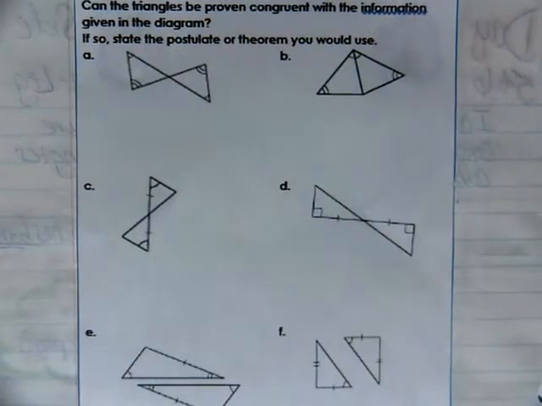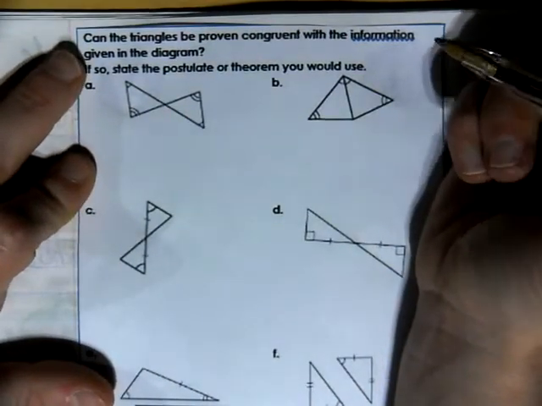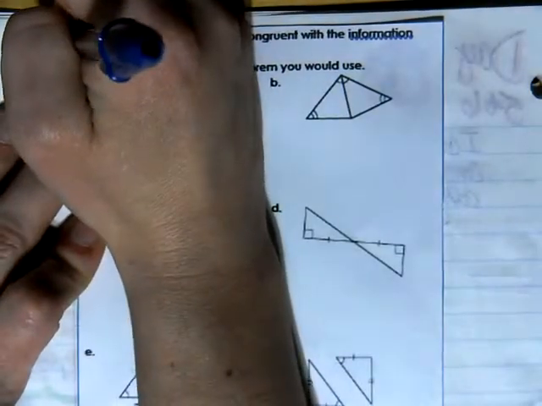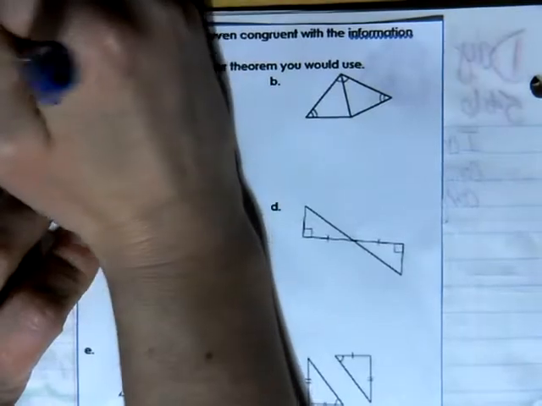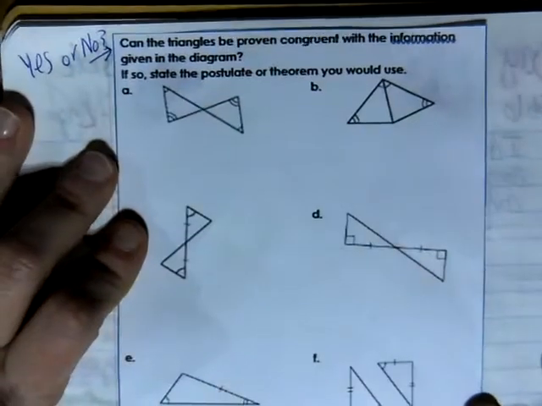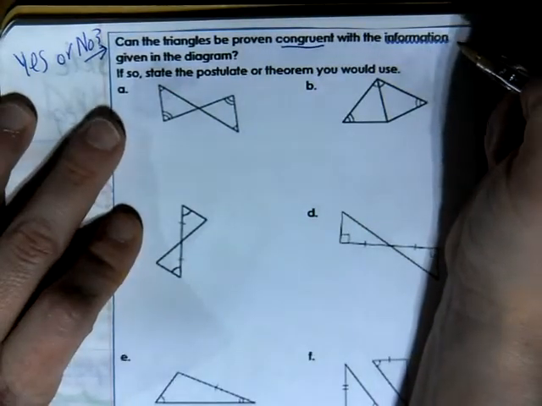So the example is asking you, can the triangles be proven with the information given in the diagram? The keyword here is can. Yes or no? Can the triangles be proven congruent with the given information?